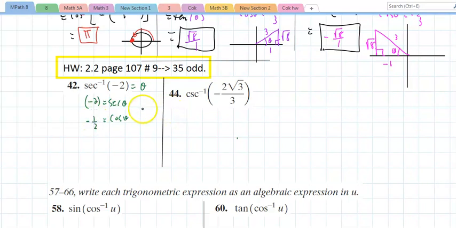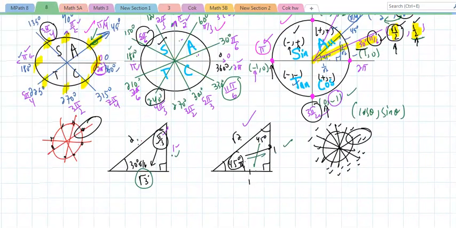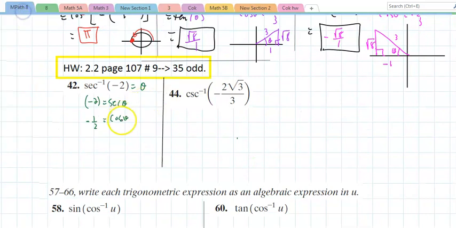And if I look at the reference angle, that is, the cosine of which angle gives me 1/2, cosine of pi over 3 is 1/2. I have a reference angle of pi over 3, and inverse cosine of secant is negative in quadrant 2. Remember that? So what is pi over 3 in the second quadrant?